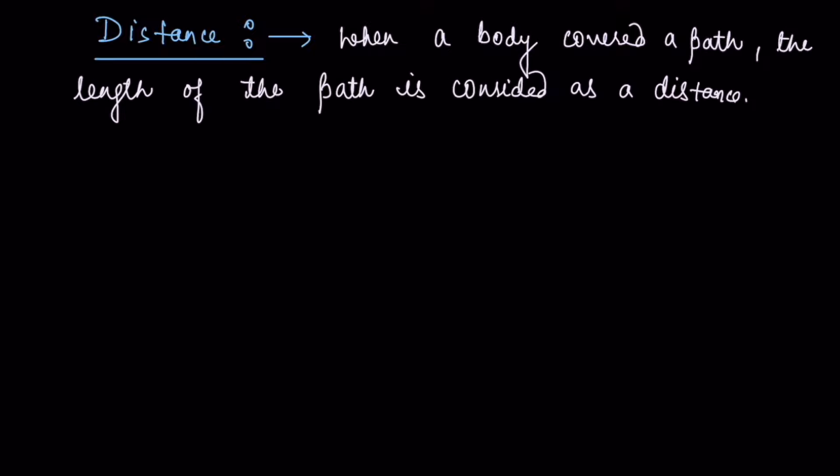Let's take an example. Here is a point A and here is a point B. If we have to go from A to B, whatever path it covers, the total length of the path is called distance. Here it covers one path.